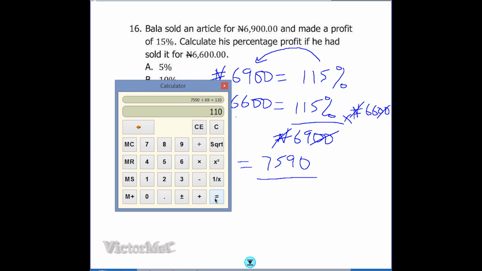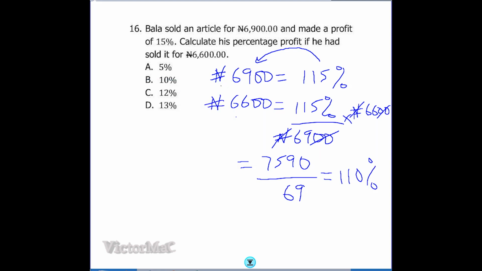When we divide by 69, the answer is 110. And this is actually the answer we're going to get, that is, with the additional profit added to it. So the profit actually here is what? By subtracting 100%, we're going to get 10%.